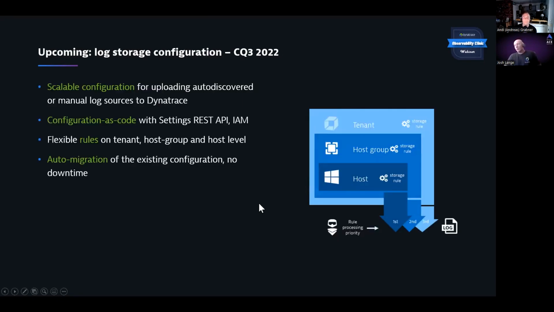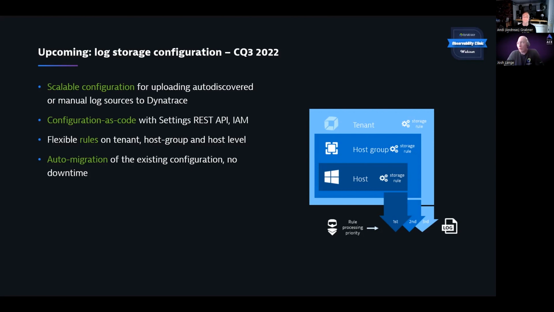All right, a welcome configuration is going to be the storage configuration. Right now, inside the current environments, you can either include all, exclude all but include this, or include all but exclude this type of scenario. We are going to have a much more scalable and flexible configuration for choosing which logs are actually ingested by Dynatrace, especially when it comes to selecting which OneAgents are going to send their logs and so on.